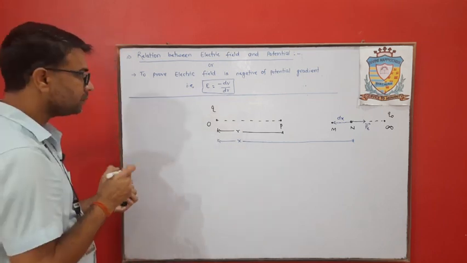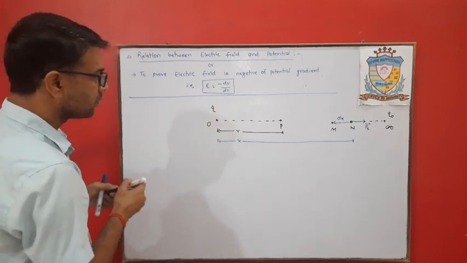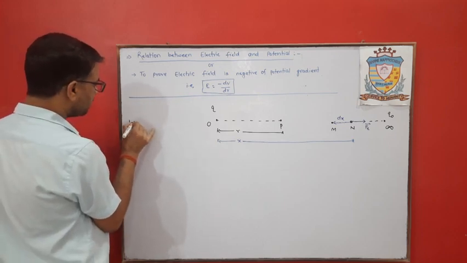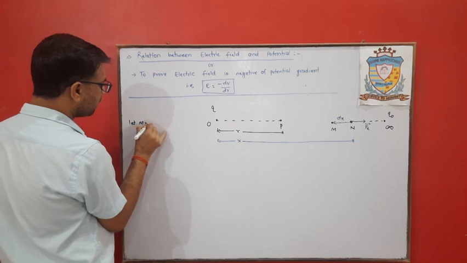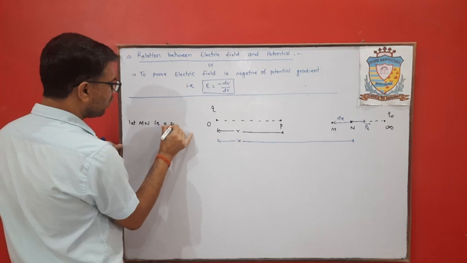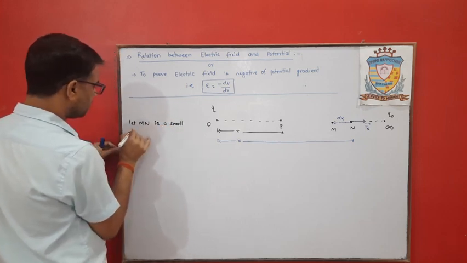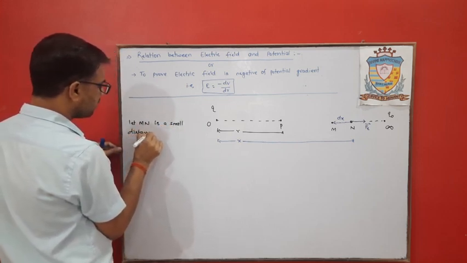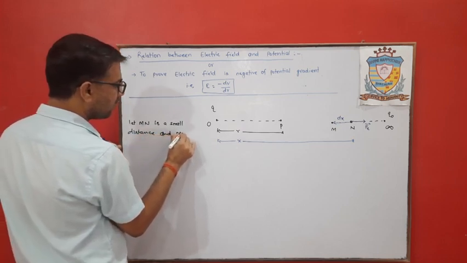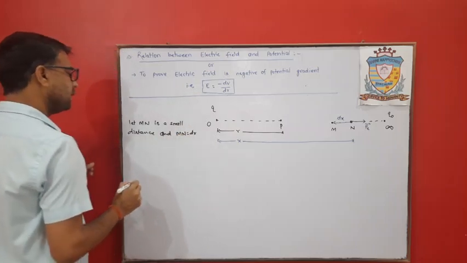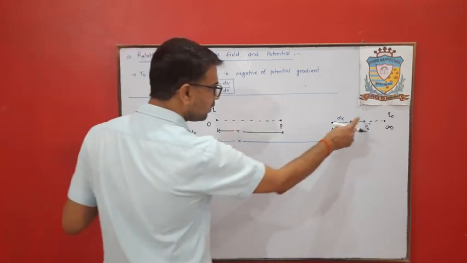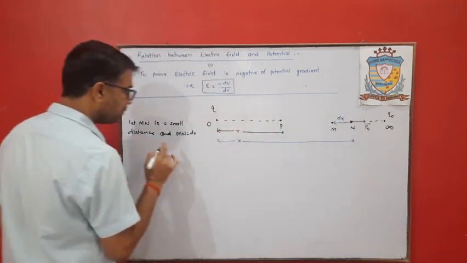Now let MN be a small distance, and MN is equal to dr. Clear? So work done to bring this test charge from N to M.